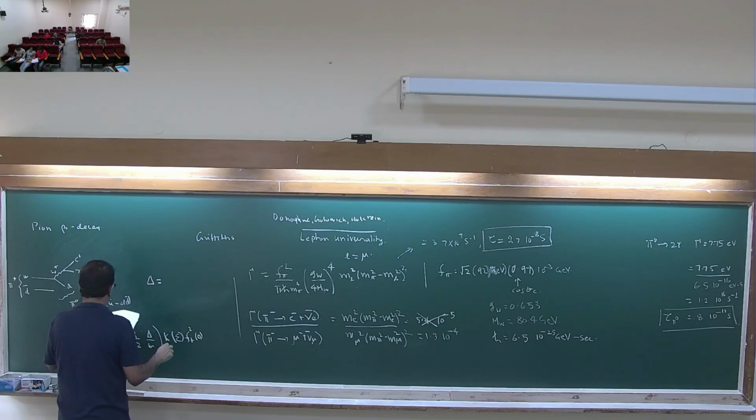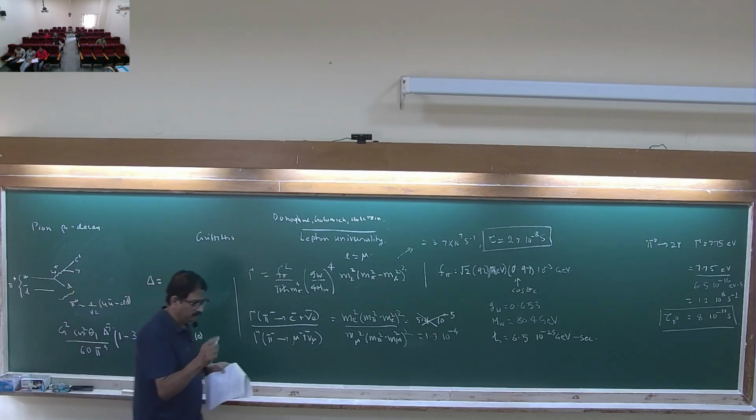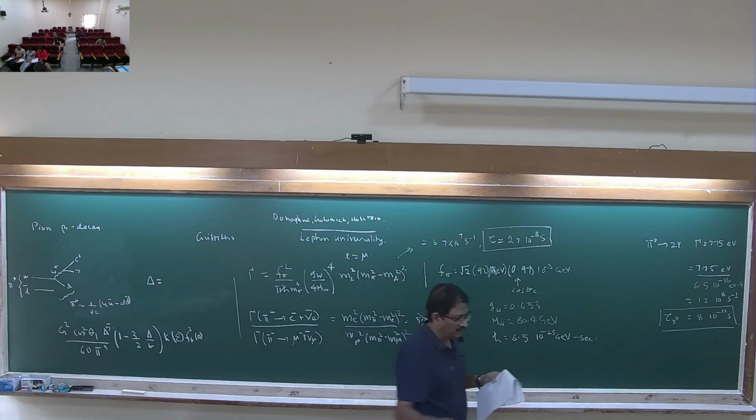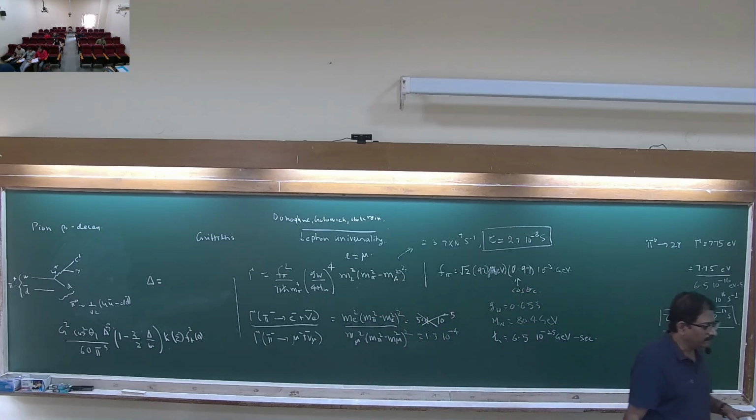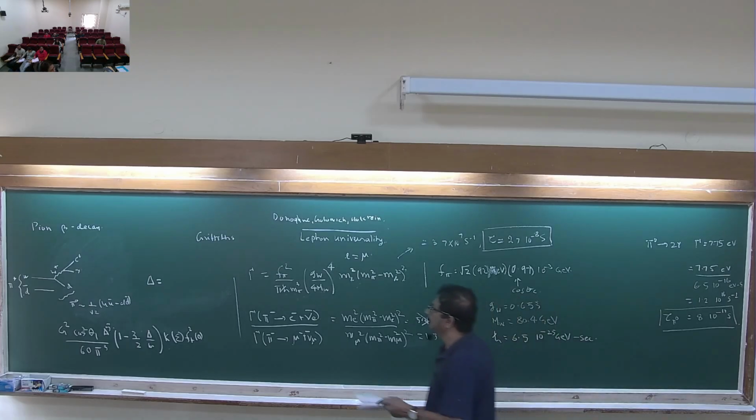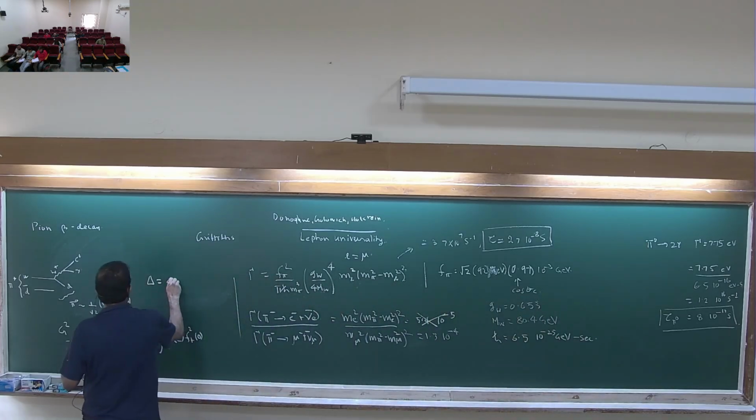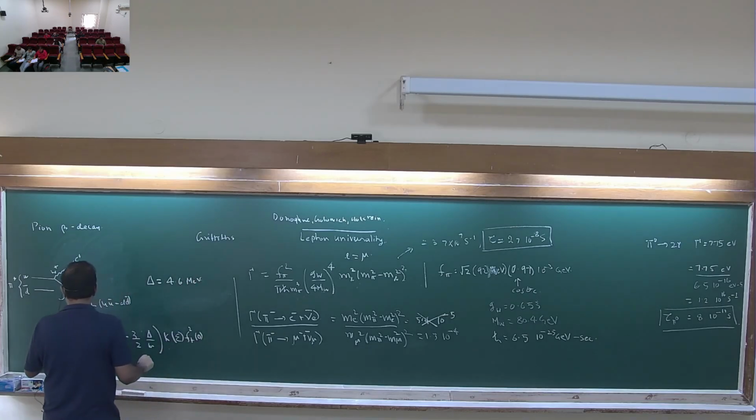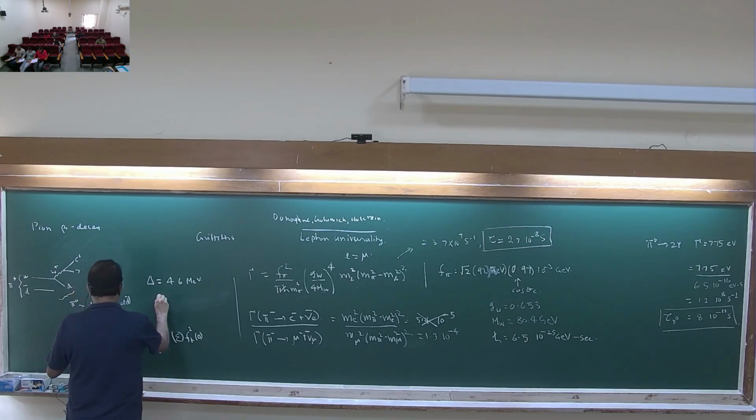And what is the mass difference between the pi plus and the pi 0? Mass difference 139, by now we all know. No, pi 0, pi plus and pi 0 mass difference. Yeah, correct. 4.6 MeV. And epsilon is m_e squared by delta squared.